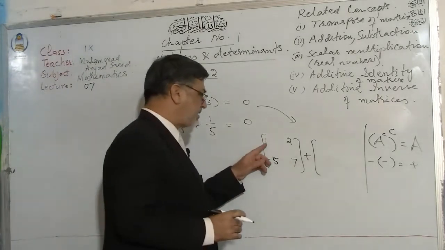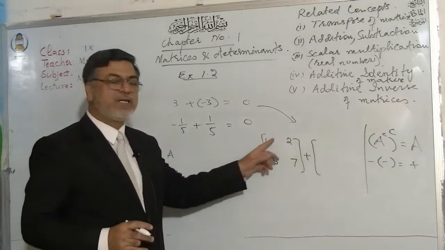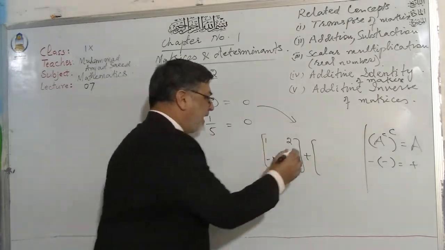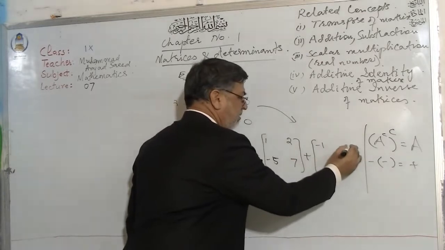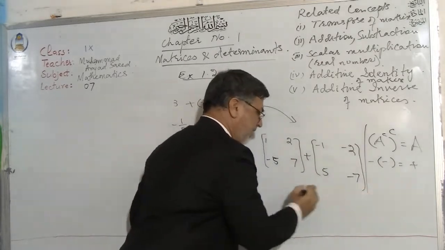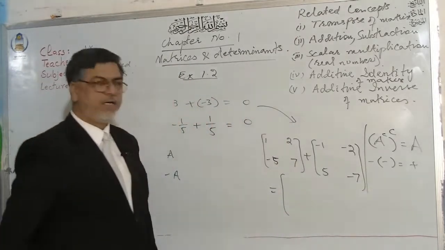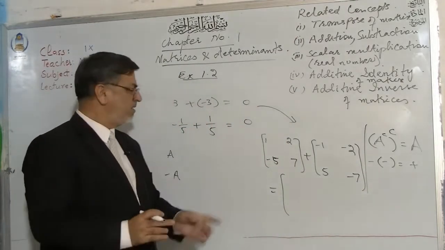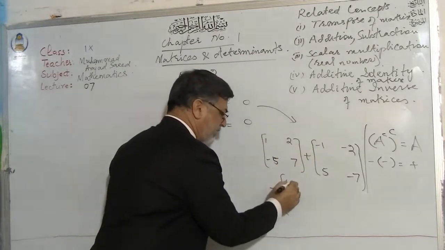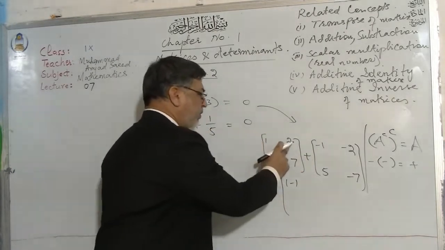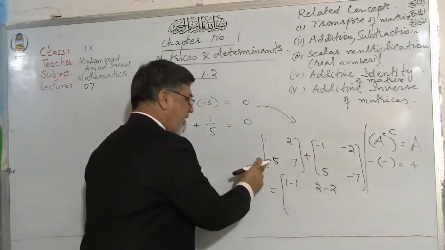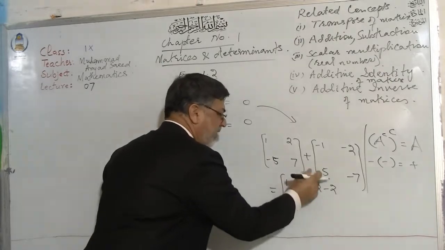What is the negative of this matrix? It will be minus 1, minus 2, plus 5 and minus 7. Now you add them. First plus first, 1 plus minus 1, then 2 plus minus 2, and minus 5 and plus 5.